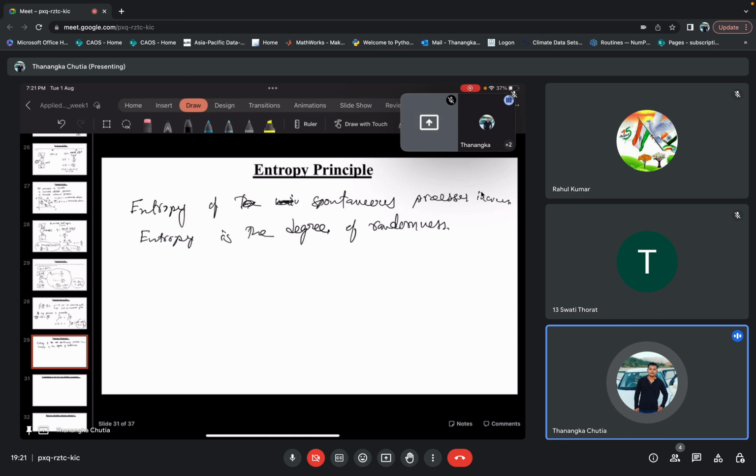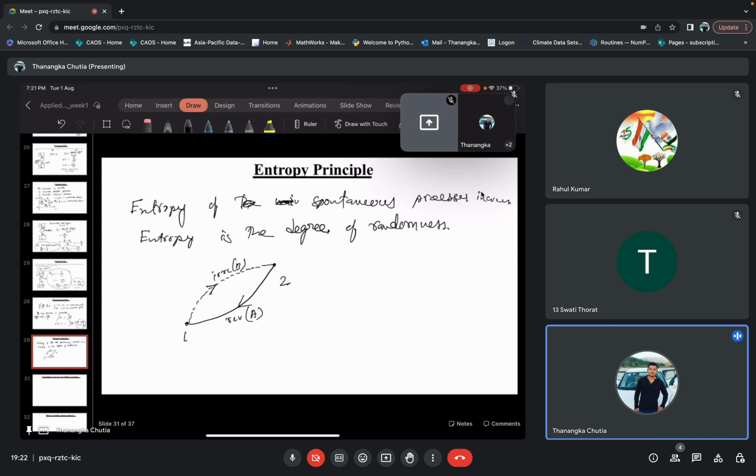Mathematically, if we want to define this, suppose from 1 to 2 this process is irreversible, in dotted line, and this is my part B. And from 2 to 1 it came back in a reversible process, and this reversible part is A.